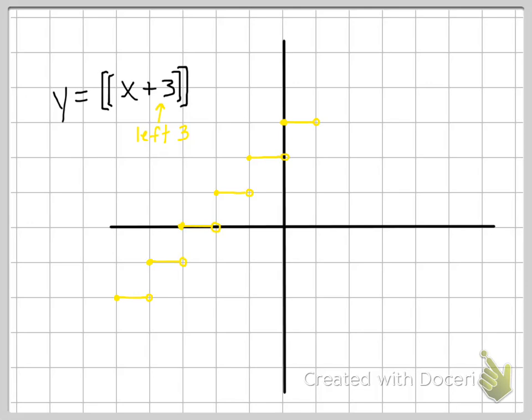If you have 2.8, the greatest integer is still 2. Okay, which is why this is a flat line until it gets to the next integer. Then it jumps up to the next integer. Okay, and then it stays at that value until it gets to the next integer and it jumps. Okay, there's no way for it to ever be 1.5 because this is a greatest integer function. So every answer is going to be an integer. And that's why it looks like the stairs. Okay, but once you had the parent function, really all you had to do was shift everything to the left and you got your graph.